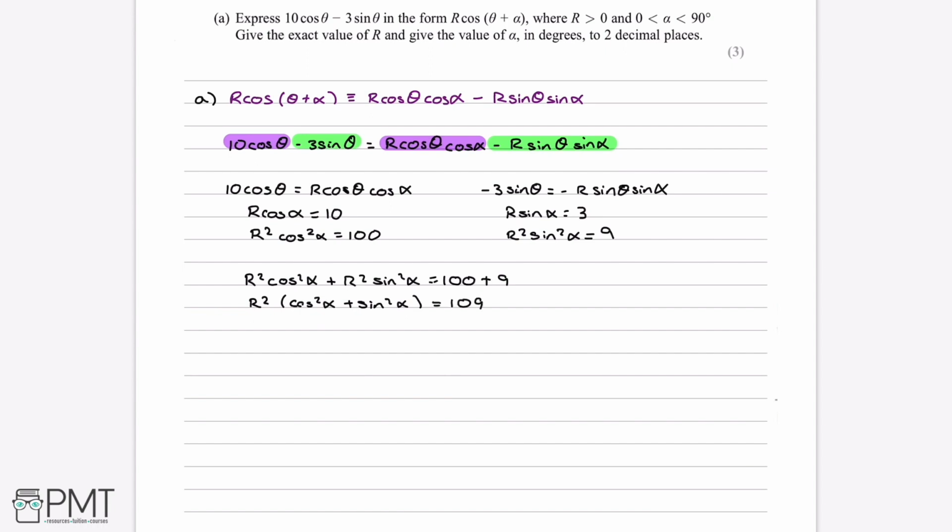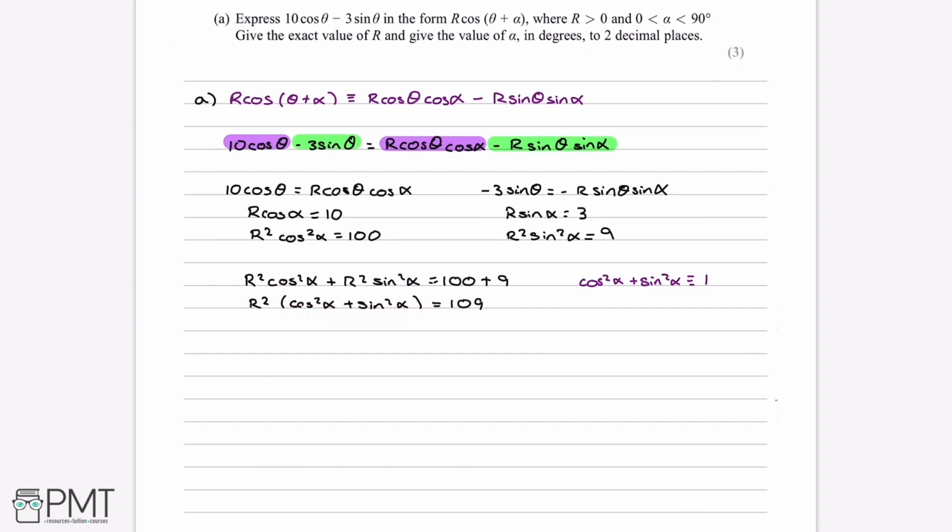Now, if we recall the trigonometric identity that cos squared alpha plus sin squared alpha is identical to 1, we can see that here in this bracket we have exactly that. So we can write this as r squared multiplied by 1, so just r squared, and this is still equal to 109. So to get r, if we square root both sides, we get that r is equal to the square root of 109.